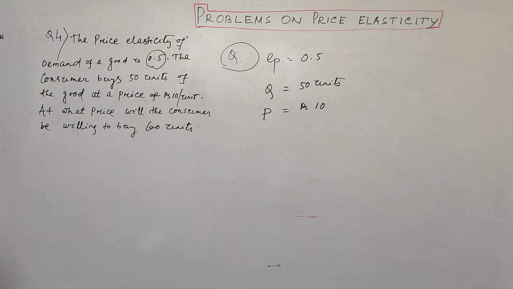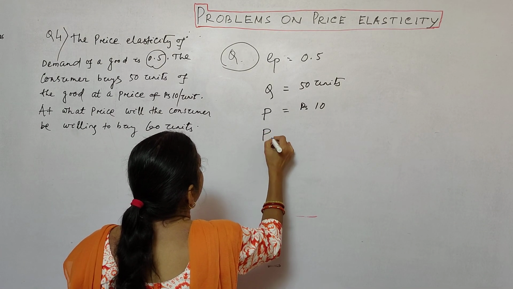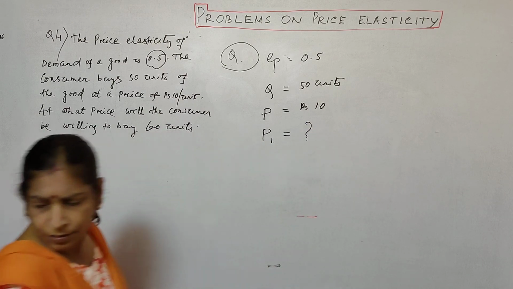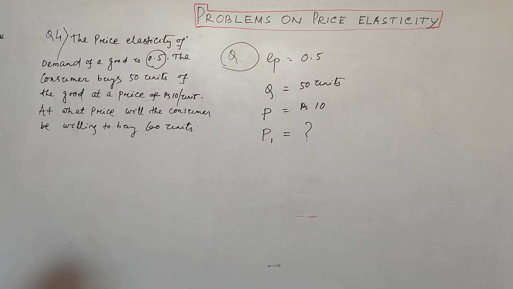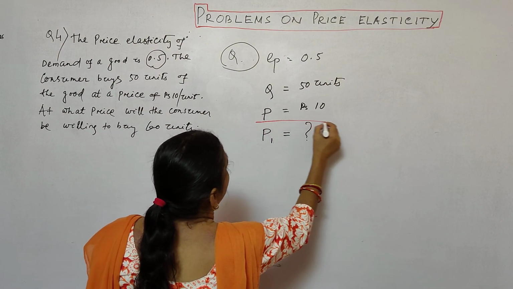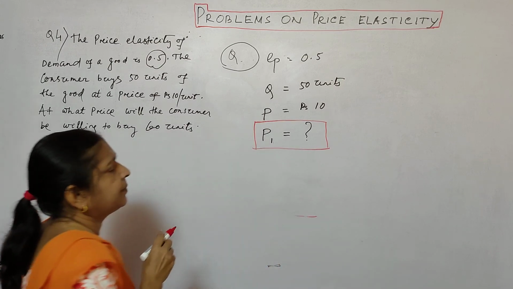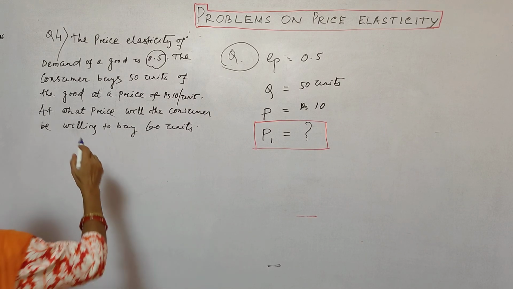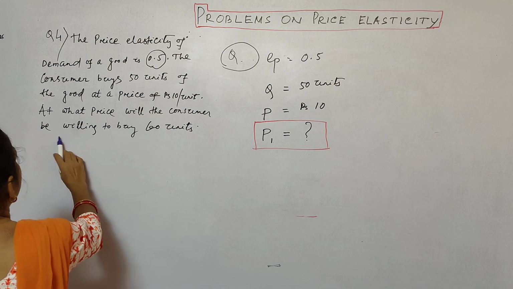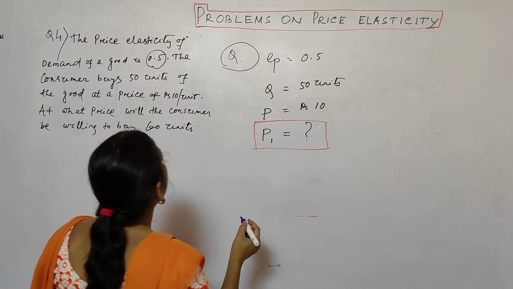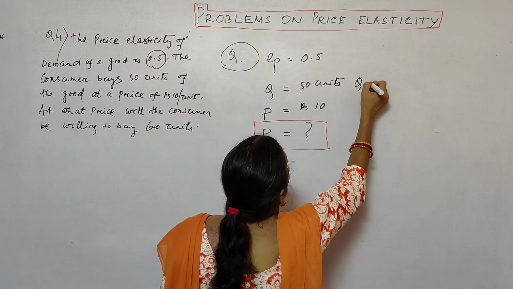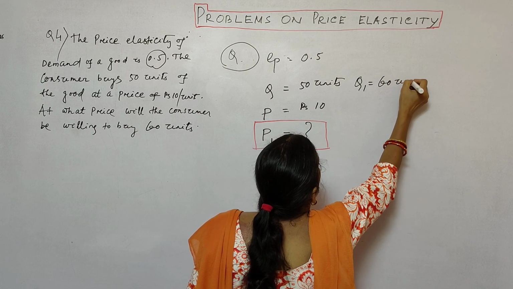At what price will the consumer be willing to buy 60 units? At what price? They have not given us the final price, that is P1. We have to find out this final price. They have given us Q1, that means 60 units.